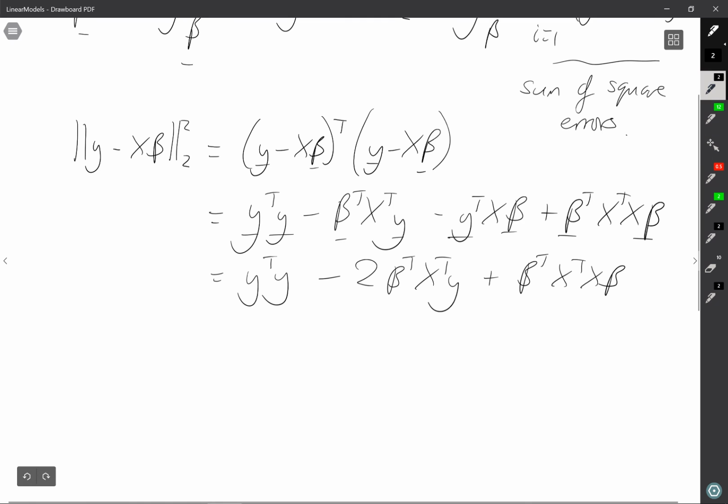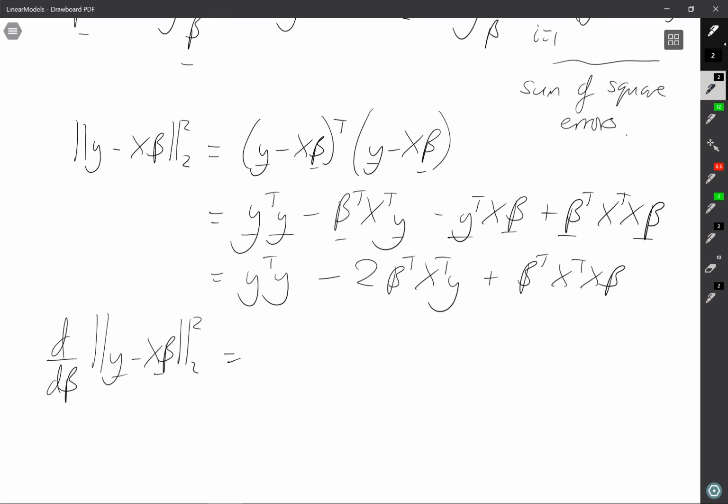So if I differentiate, d by d beta of the squared norm of y minus X beta, the first term gives me 0. Differentiating the next gives minus 2 X transposed y. Differentiating the last gives 2 X transposed X beta.